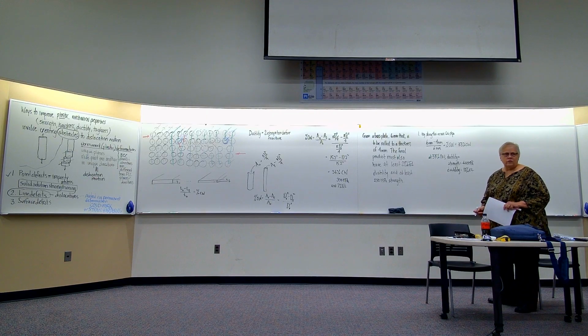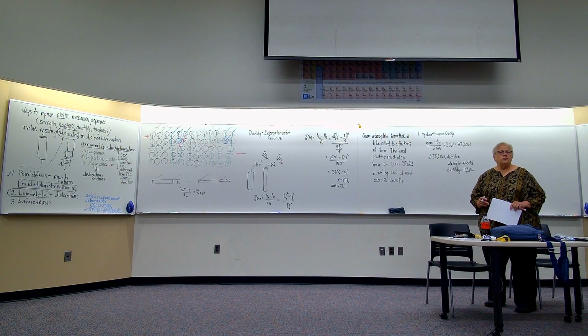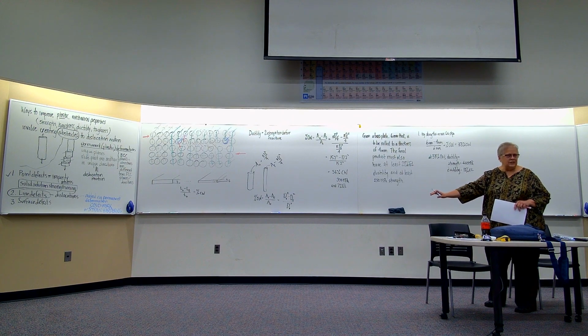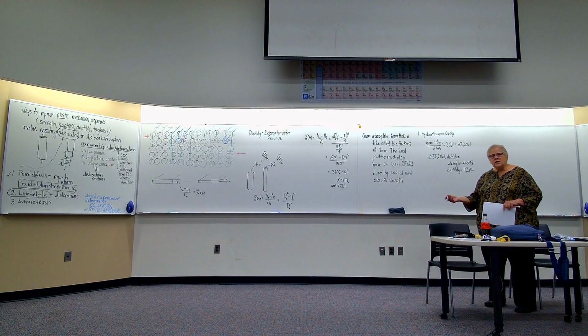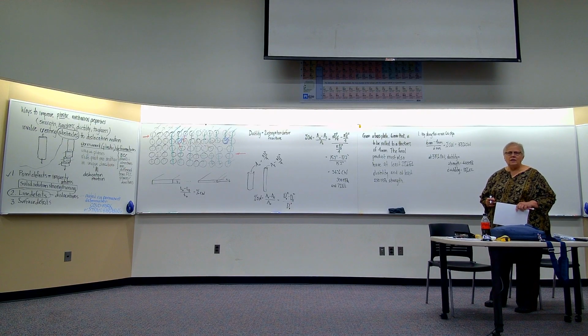Okay, so I can't do this in one step. So what I do then is I look at my final dimensions and how much cold work I'll allow and work backwards.